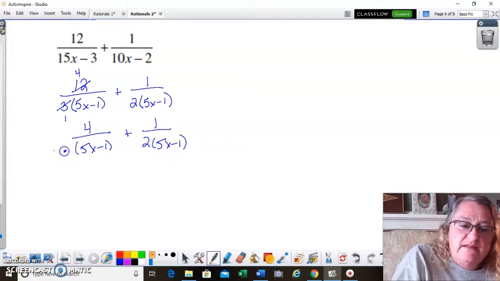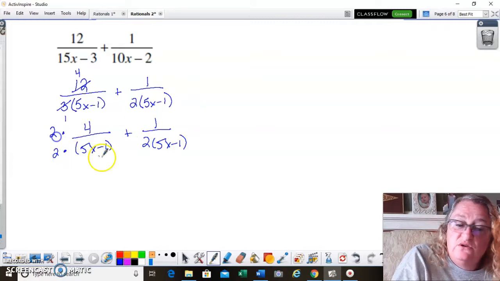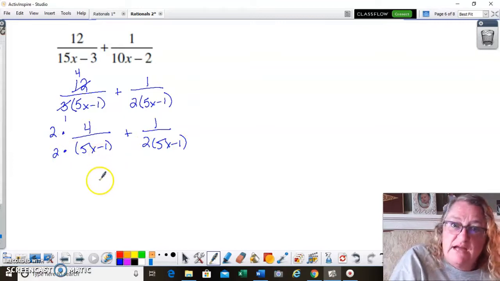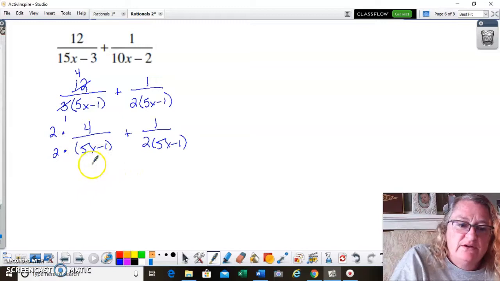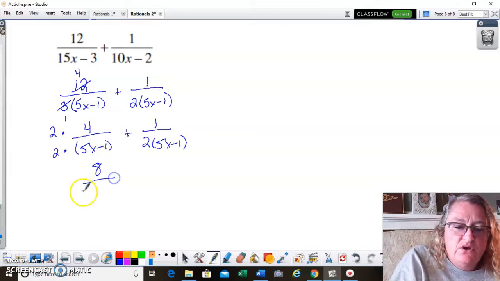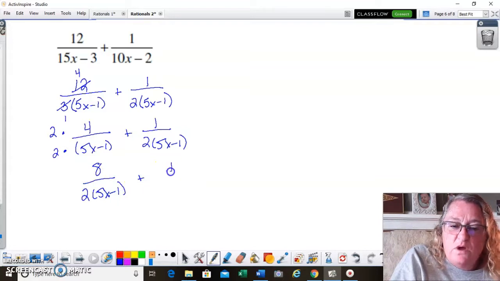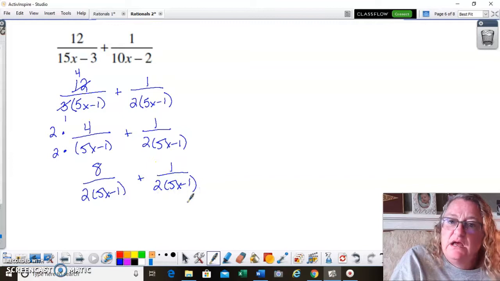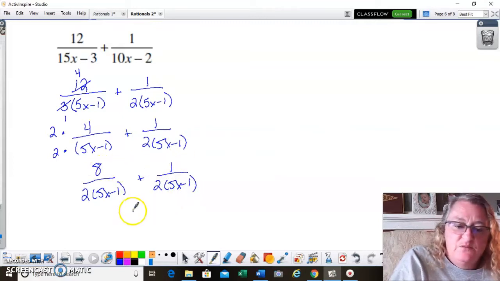So if I multiply the top and bottom over here by 2, I should get like denominators and be able to add the numerators. So this becomes 8 over 2 times 5x minus 1, plus 1 over 2 times 5x minus 1. And when I add 8 and 1, I'm getting 9 over 2 times 5x minus 1.